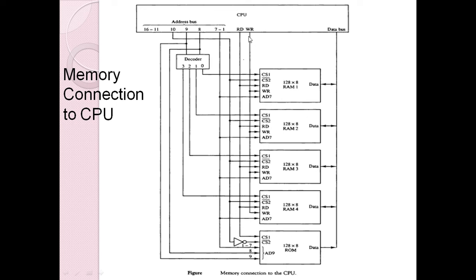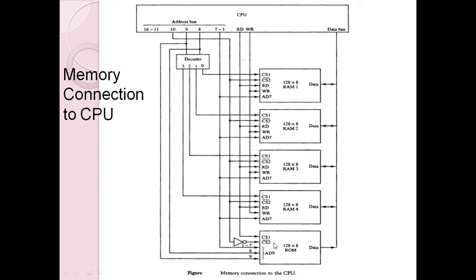So you can see this is write, and this is read. So the read and write signals are connected with read and write of RAM chip 1, RAM chip 2, RAM chip 3, and RAM chip 4.